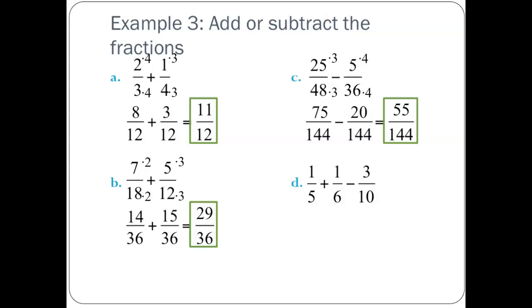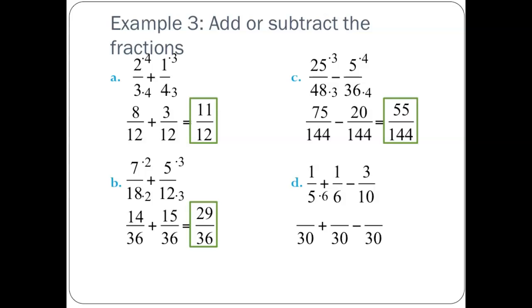So we know 5 and 6 won't go into 10, so the next multiple is 10 times 2, which is 20. 5 goes into 20, but 6 does not. So we're going to have to move on to the next multiple. 10 times 3 is 30, and it looks like both 5 and 6 will go evenly into 30. So 30 is going to be our denominator.